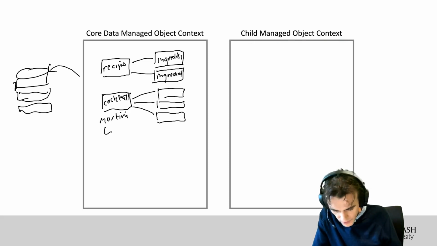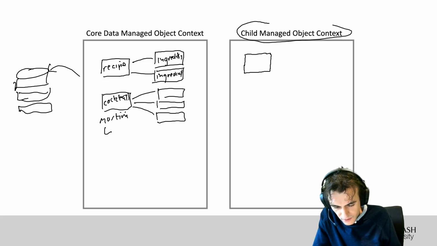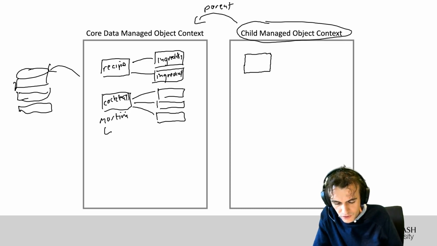So I might want to create a new recipe for, say, a gin and tonic. First of all, I can create a child managed object context. It's basically just a new context. I set up a relationship that says its parent context is my original core managed object context.